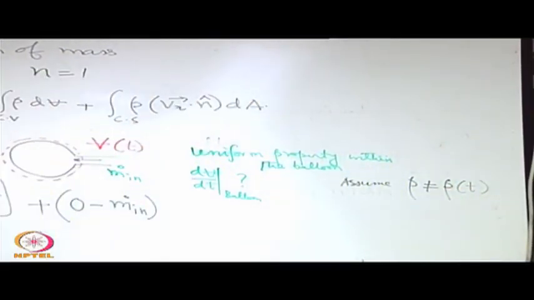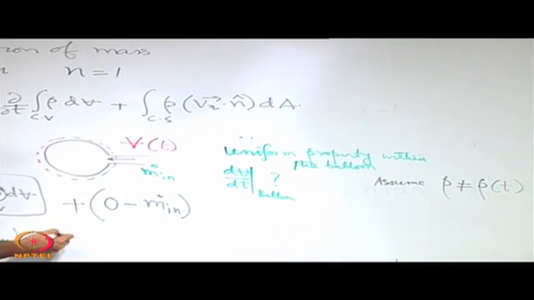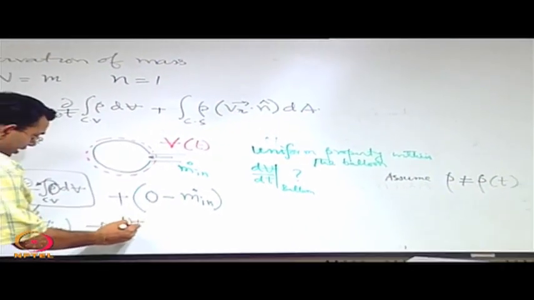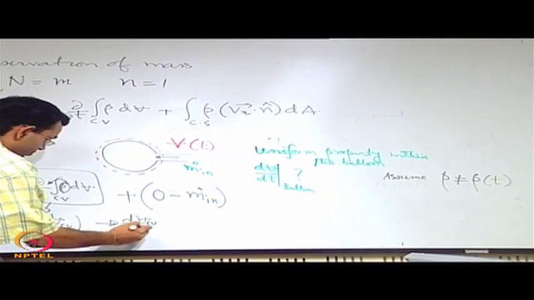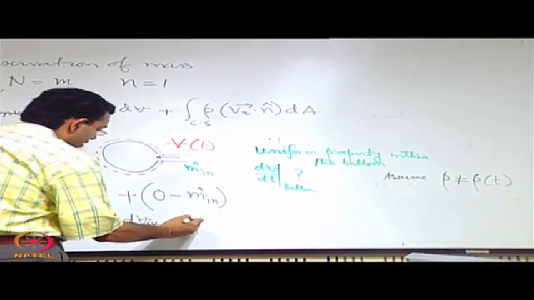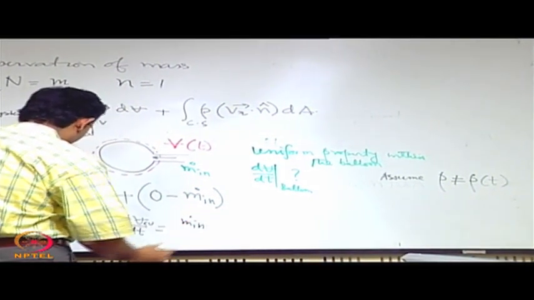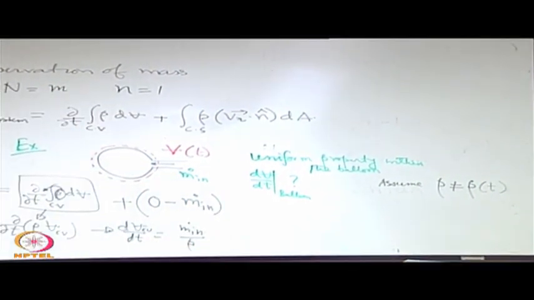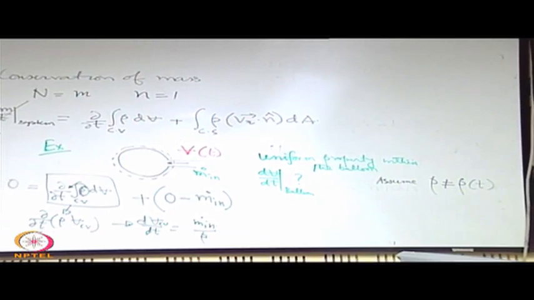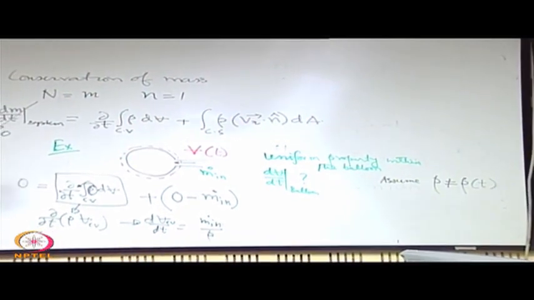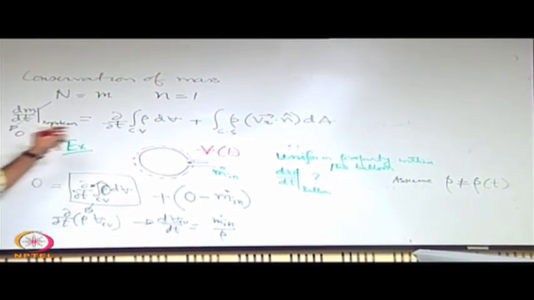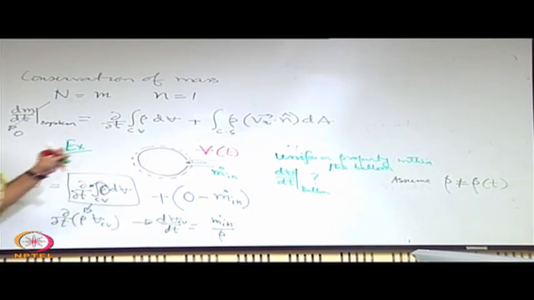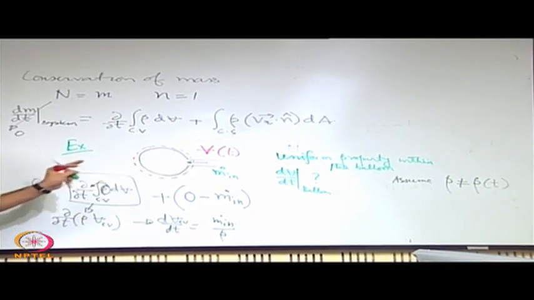then it is possible to find the rate of change of the volume of the control volume with respect to time: that is m dot in divided by rho. So at least we have a fair idea that it could be a deformable control volume, and that is not a trivial thing to deal with.